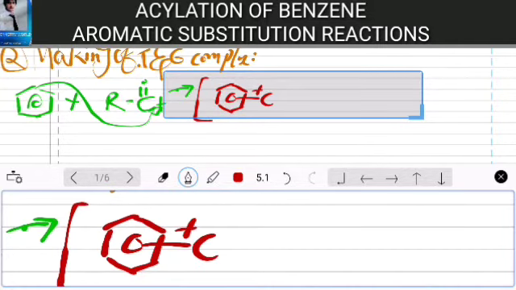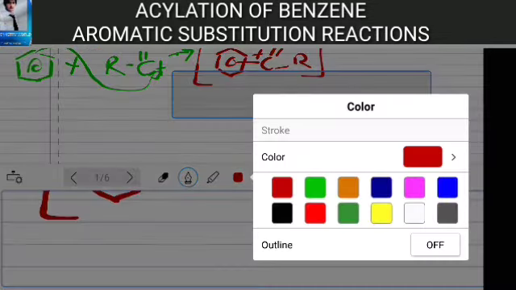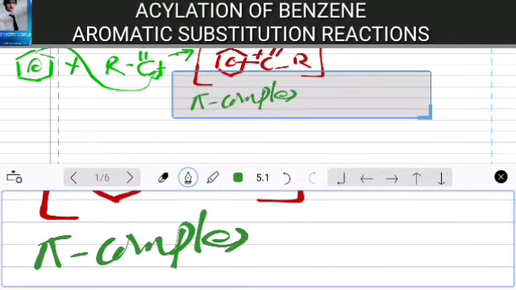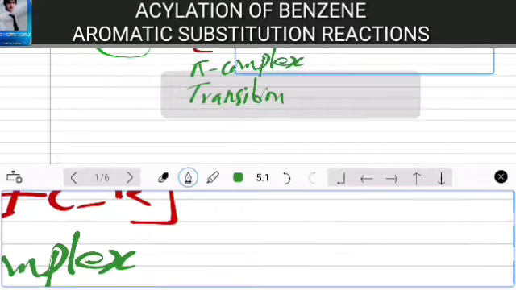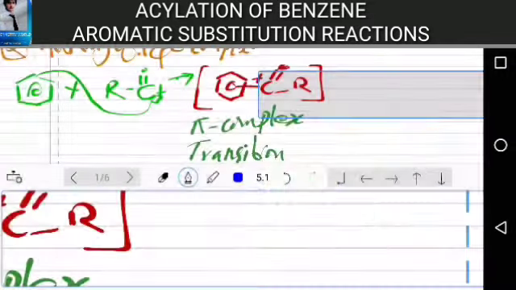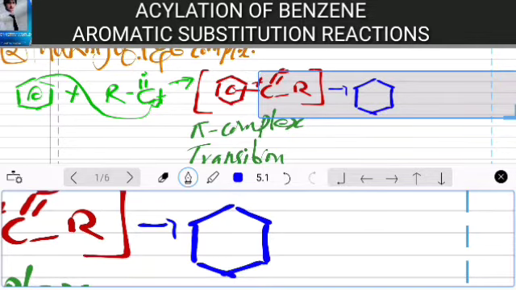This C is positive, double bond O, here R. The pi complex, the transition state, does not last for a long time and will immediately convert into the sigma complex intermediate.